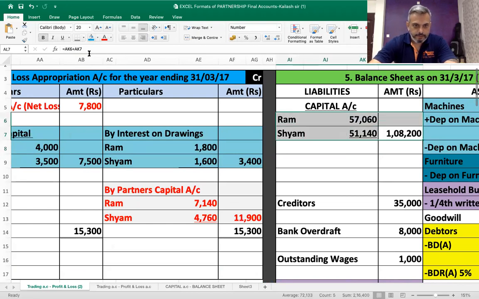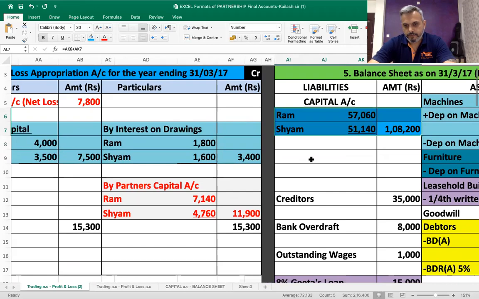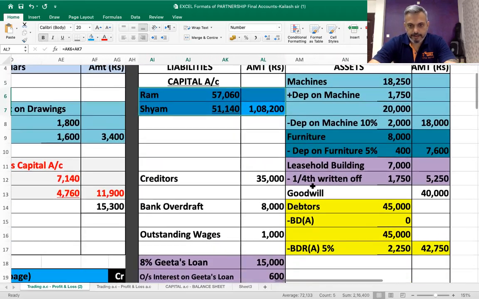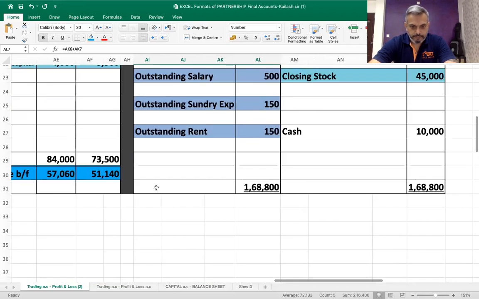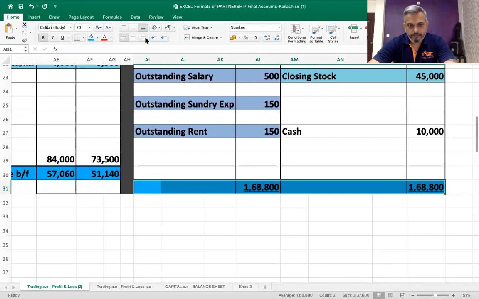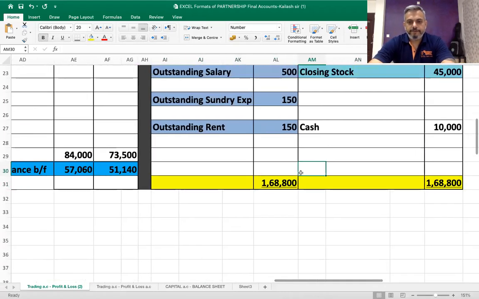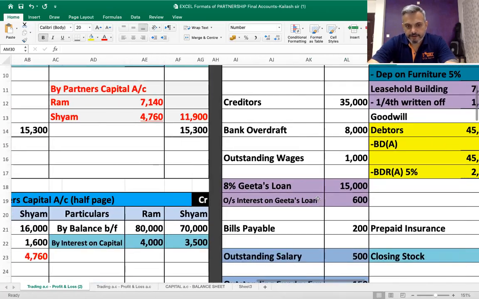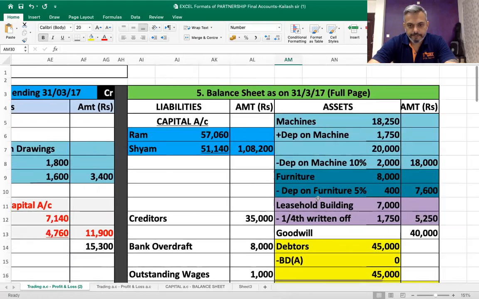Important. चेक करो बैलेंस शीट टैली हो रहा है कि नहीं. It's tally. Check कर लो, go through the adjustment, see if you have any doubts.